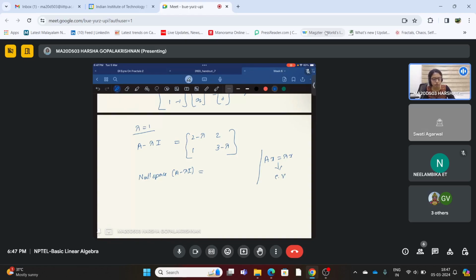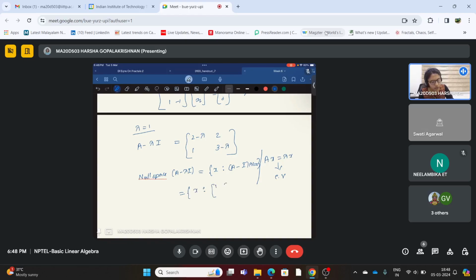It is the same way. So let me see what the null space of A minus lambda I is. This is the set of all x such that A minus I x equals 0.